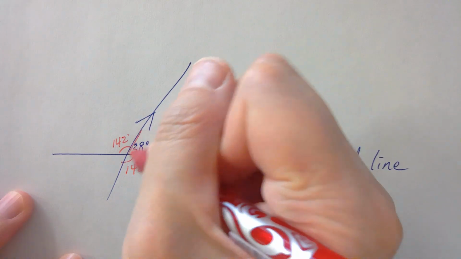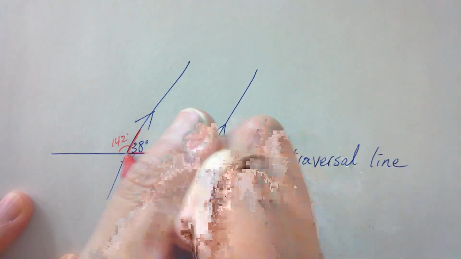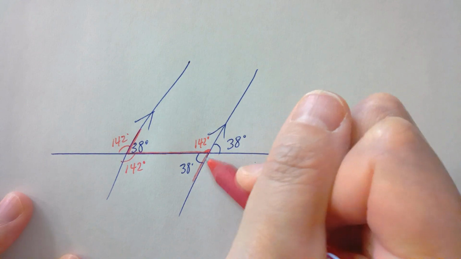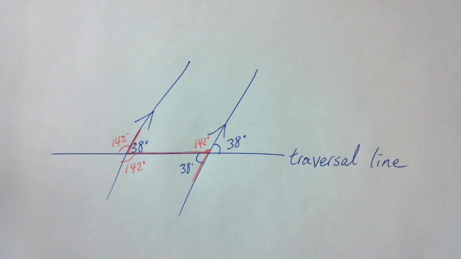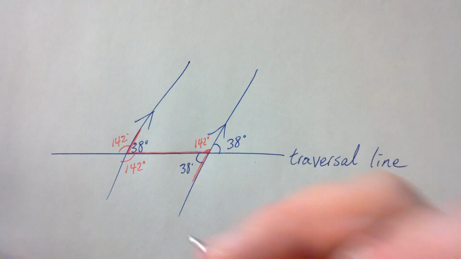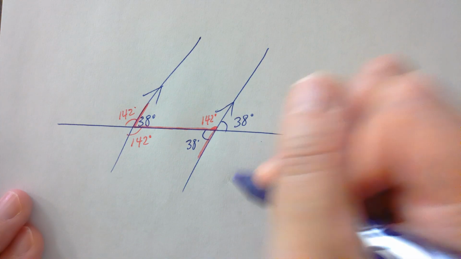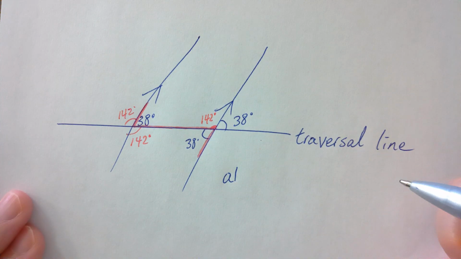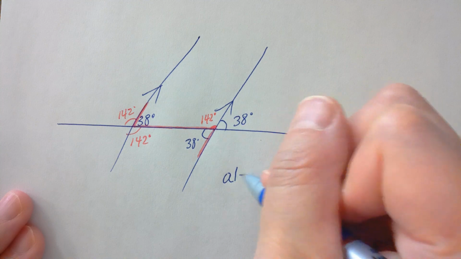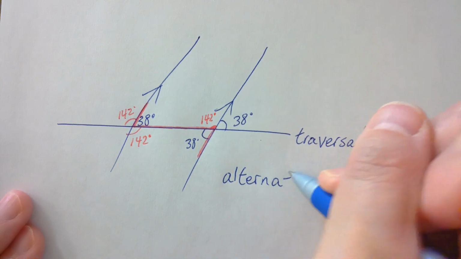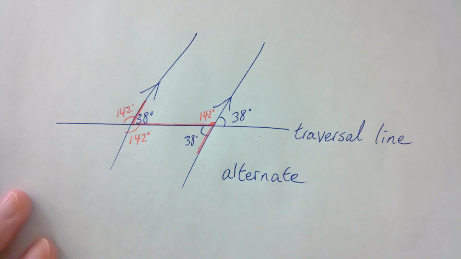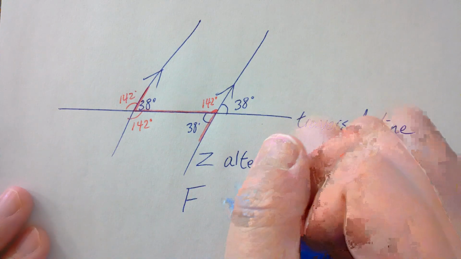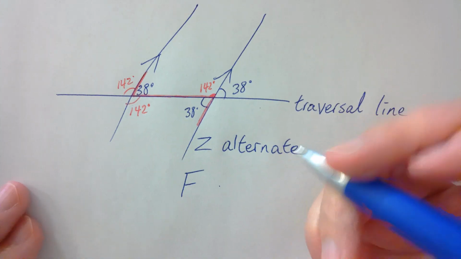When you said that this was 38, it was because you used the Z pattern. What is the Z pattern called again? How do you spell it? Alternate angle. Right. What did we say the F pattern is called? Spell it.